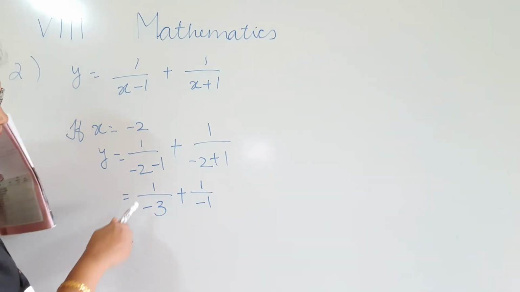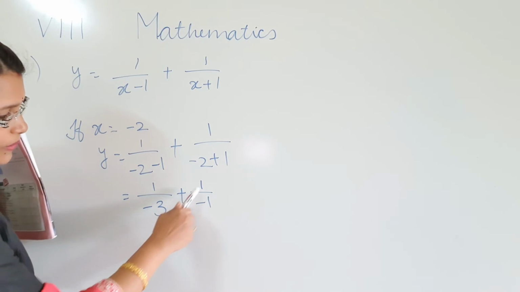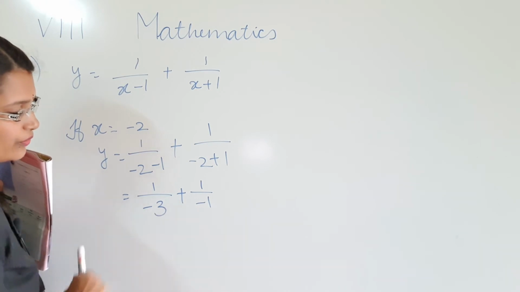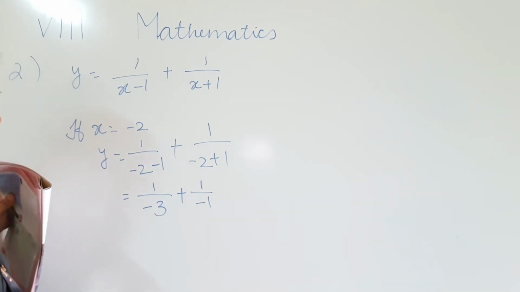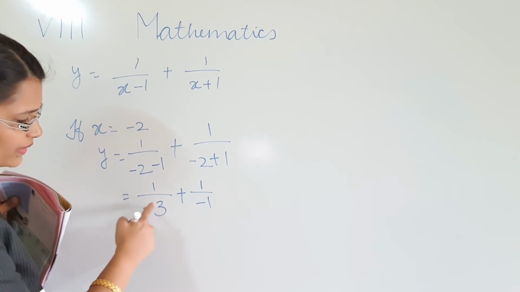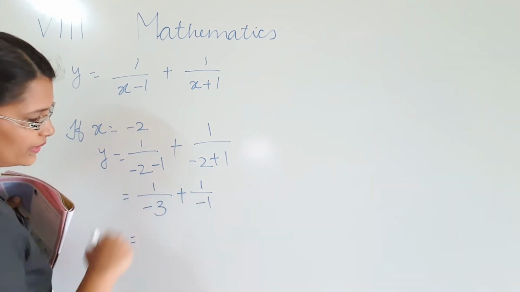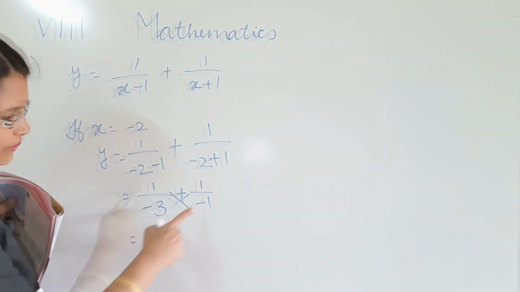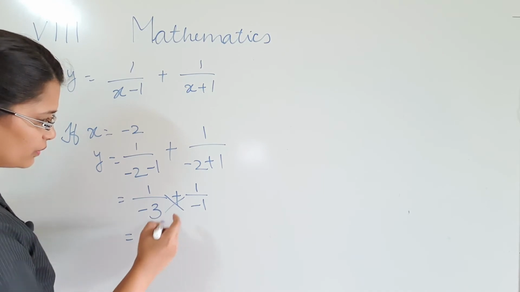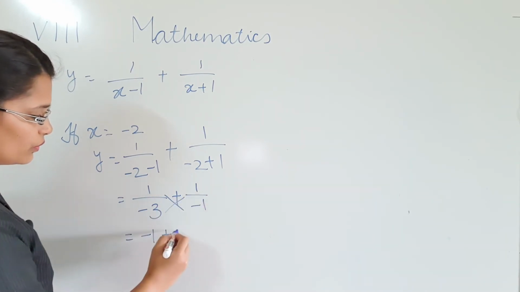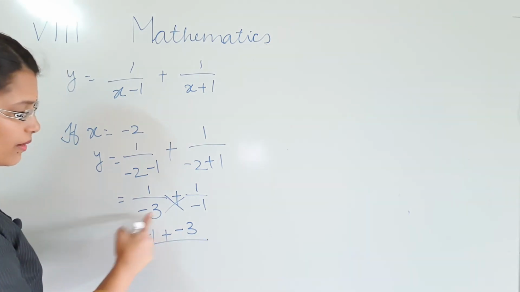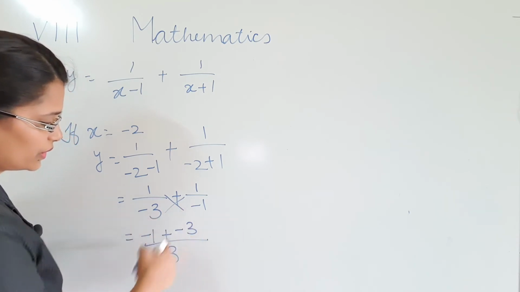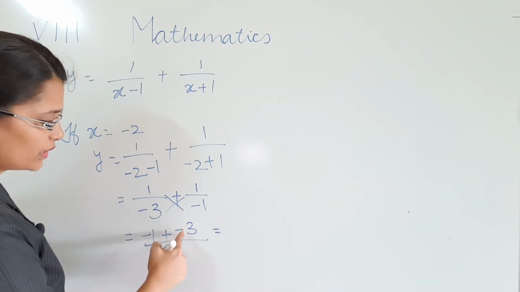So, here children, 1 divided by minus 3 plus 1 divided by minus 1. These are unlike fraction addition. So, how to do this? Just cross multiply. 1 into minus 1 is minus 1, plus minus 3 into 1 is minus 3, divided by minus 3 into minus 1, that is 3, since negative into negative is positive. So, minus 1 minus 3.